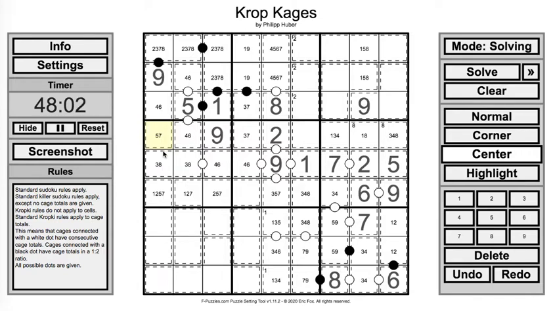Now we need to take a closer look at how these 4-6 cages interact, because that's the important part here, because it plays back into the logic down here. We know that these 2 cells have to add to 11 because of the 9, and we also know that this digit is the same as this digit, and it's the same as this digit.